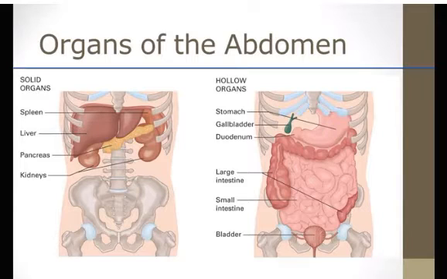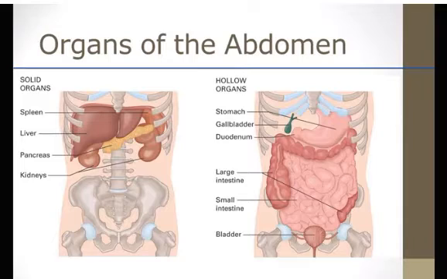And then the last solid organ are the kidneys. Now, solid organs are very vascular. There's a lot of blood through them for the most part. And so if they become torn or fractured or damaged or ruptured, we have significant bleeding issues with them.